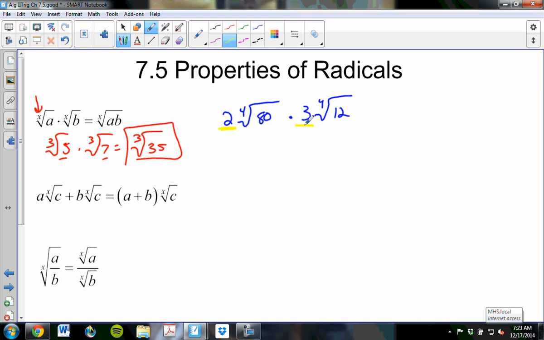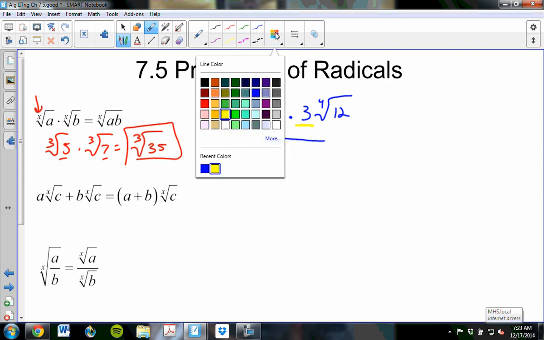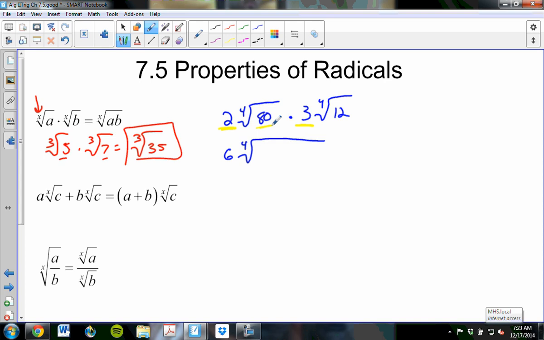I just do 2 times 3, which is 6. And then inside the radical, 80 times 12 is 960. So the stuff in front multiplies, the stuff inside multiplies, and I'm going to simplify this 960.